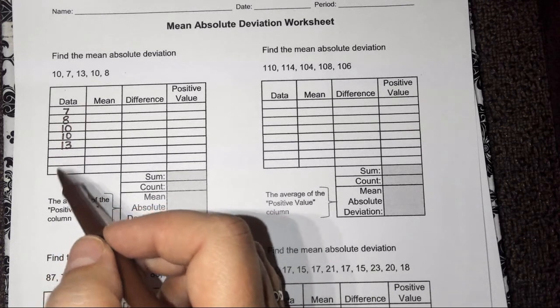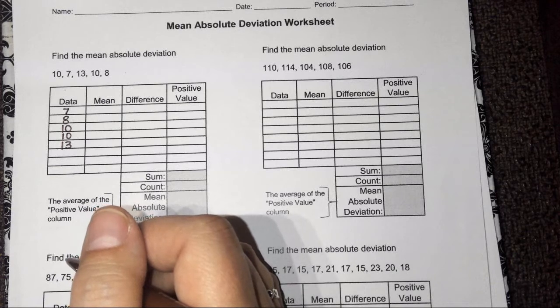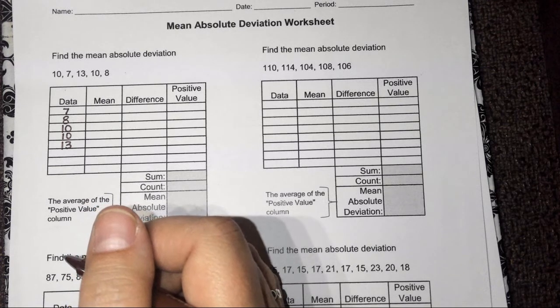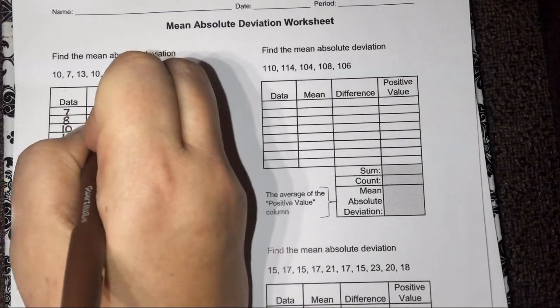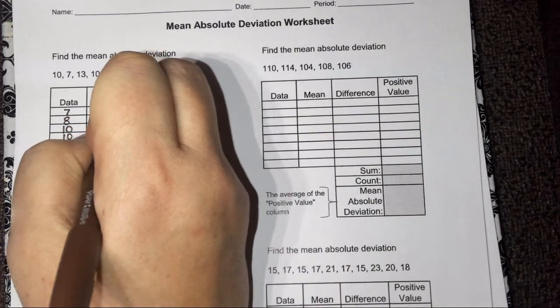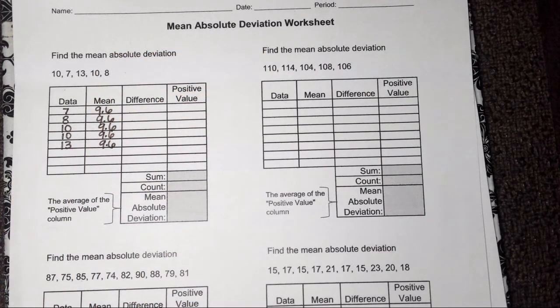Can my mean be greater than my largest number? It's 9.6. Thank you. Say it again, Aiden. 9.6.